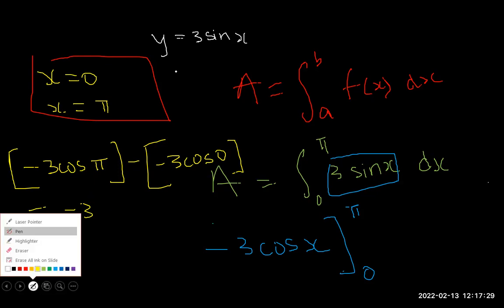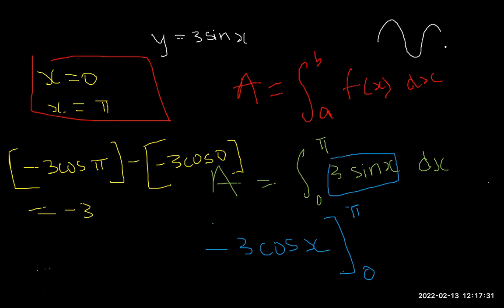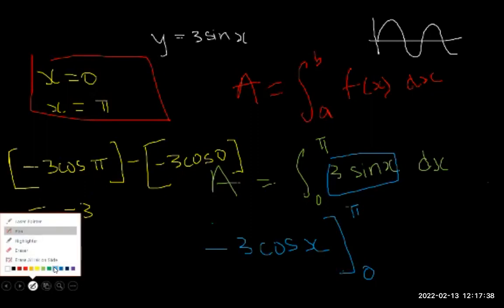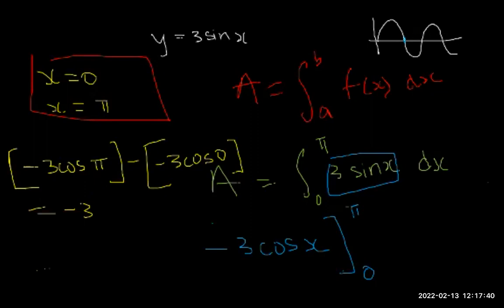Remember the proof. This point right here is pi. If this is pi, what's the y value? My x value is pi, so what's the y value for this point? If I have a point on the x-axis, what's the y value? 0.